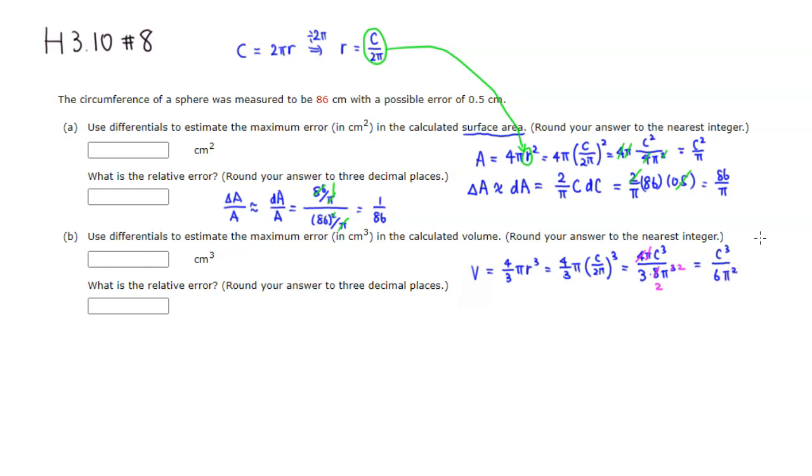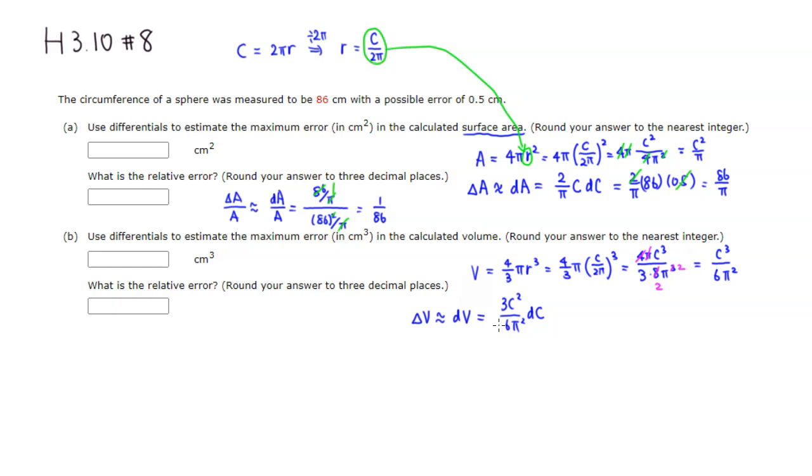Right? So if you want to approximate the delta V by dV, all we have to do is find the derivative of this. So you have 6 pi squared on the bottom, but the derivative of that is 3c squared. Then we have to put dc, right?